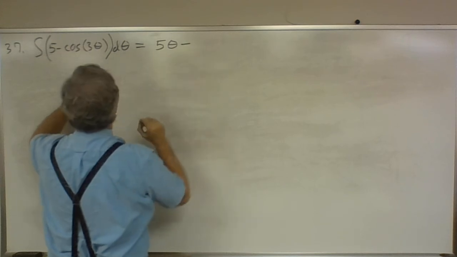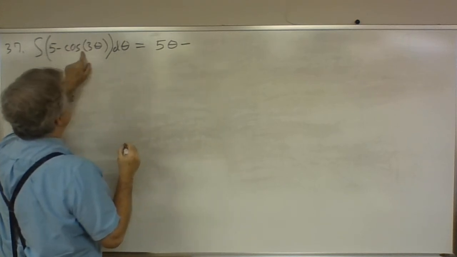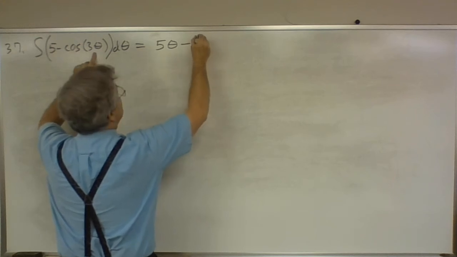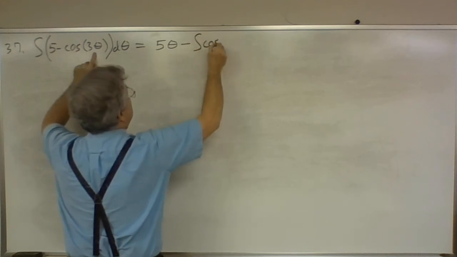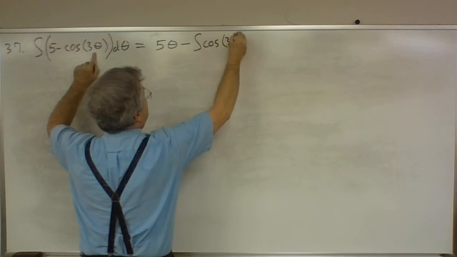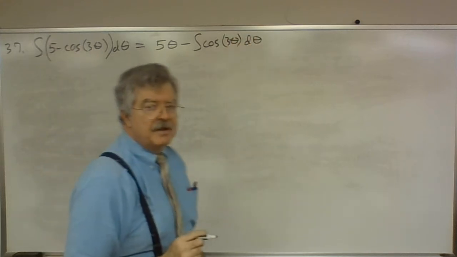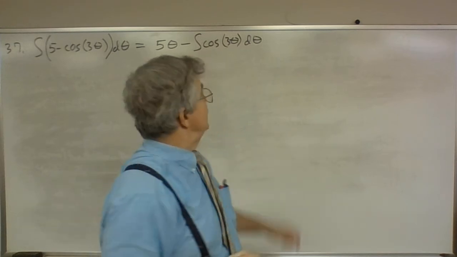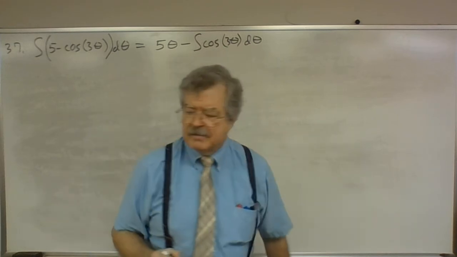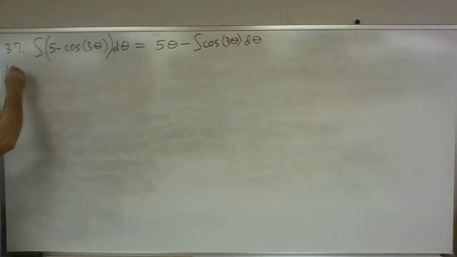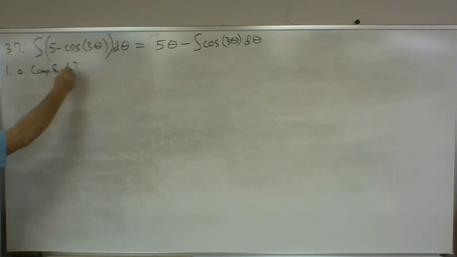And then we have the antiderivative of cosine of 3 theta. That's a composite function. So you know what? I'm going to go through the U substitution drill because that's what we have to do for this thing. So 1A, composite function. The answer is yes.